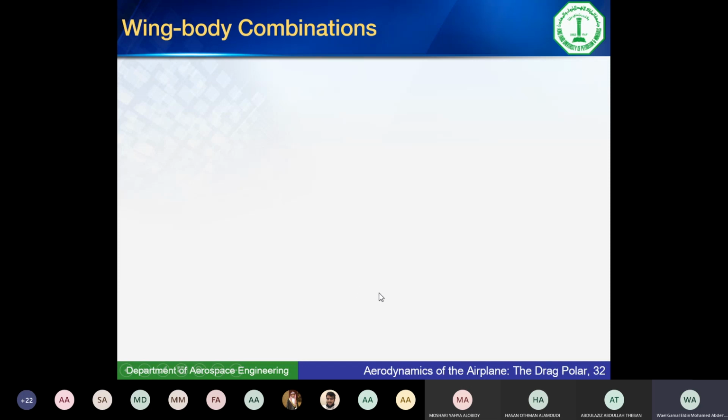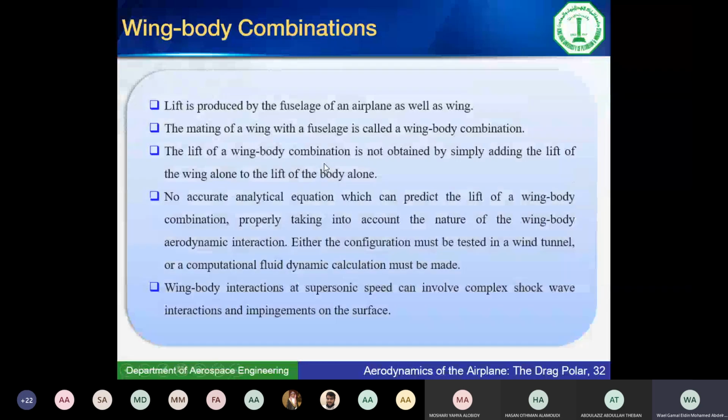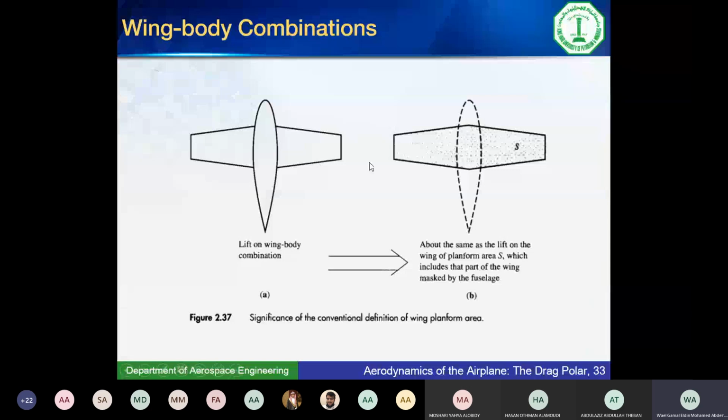Moving on with the 3D configurations, we are done with the finite wing. If we want to add a body to the wing in this case, and I'm going to jump to it because we discussed it last time. Some of you asked the question, what about the fuselage that we have in here? The fuselage will add some lift to the finite wing as well, but it was found that the lift of that fuselage is almost the same as the lift generated by the part of the wing inside the fuselage.